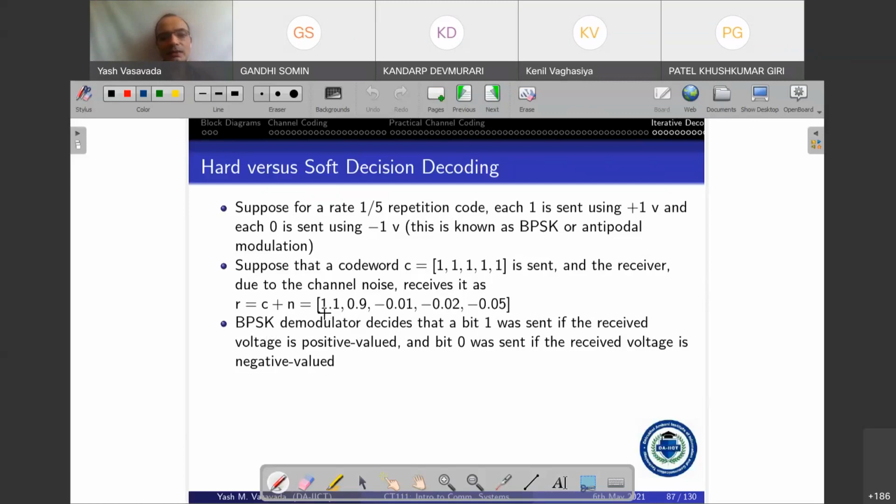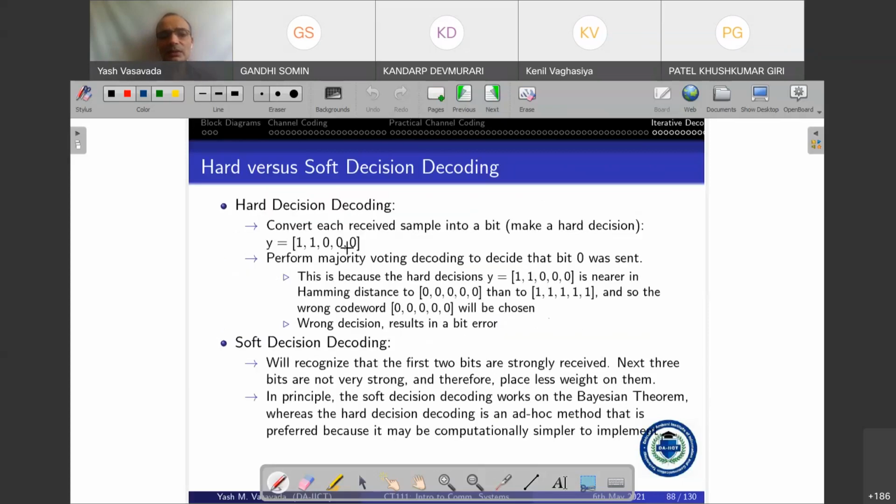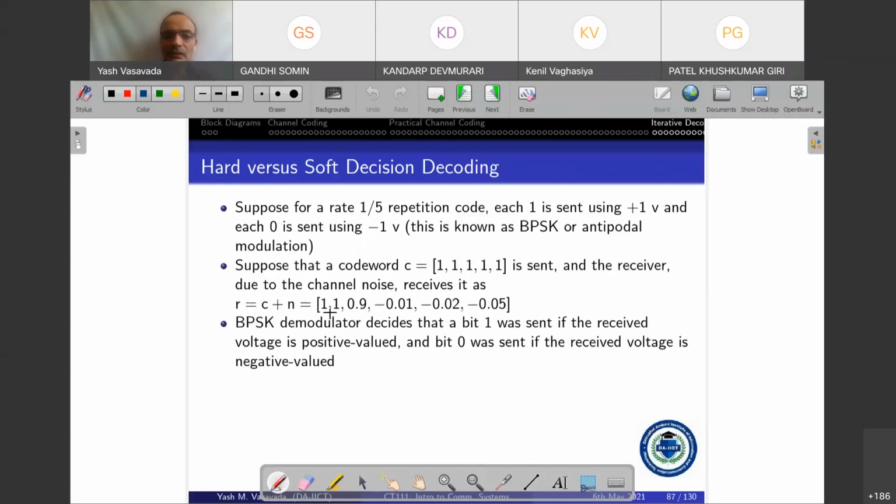Right. We have seen earlier that the BPSK demodulator compares each bit against 0. If the voltage received is positive, it will say that 1 is received. If it is negative, it will say minus 1 is received. And so that is how it ended up decoding this. The demodulator ended up decoding that as 11000. First 2 are positive, the rest 3 are negative.